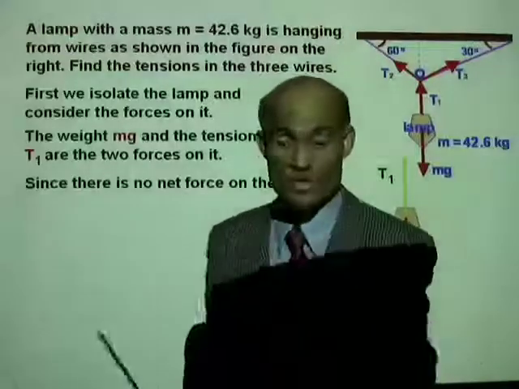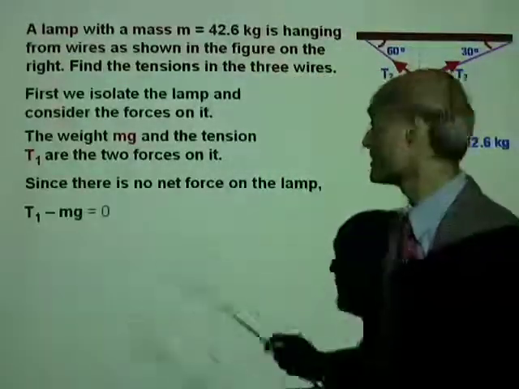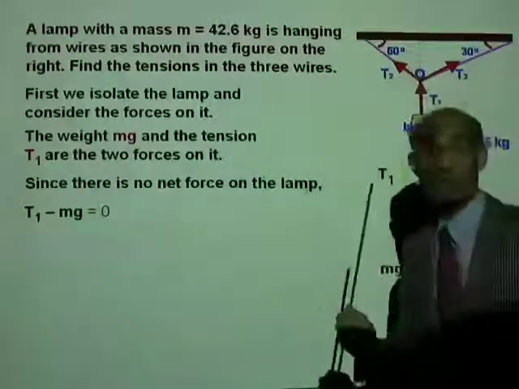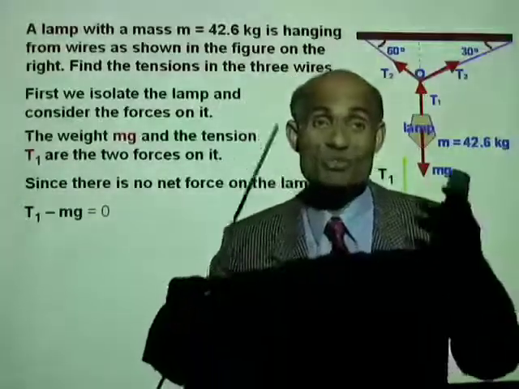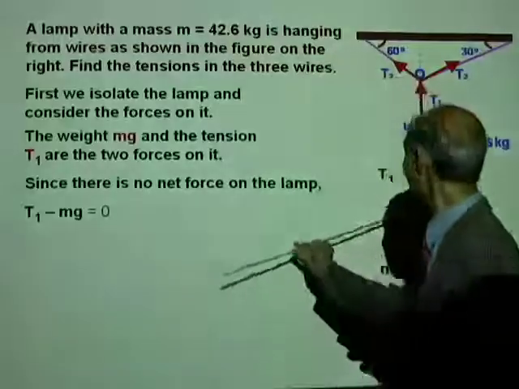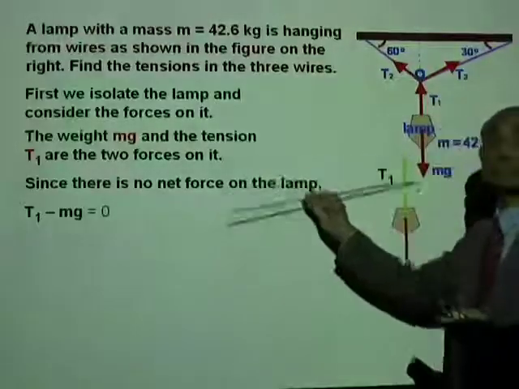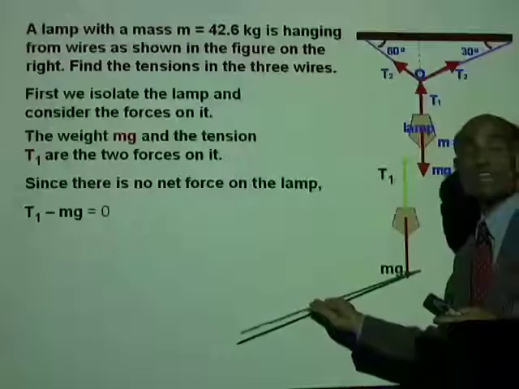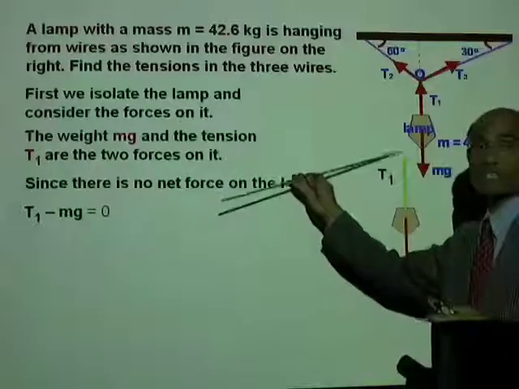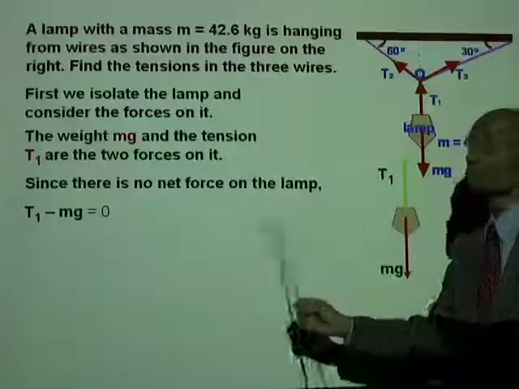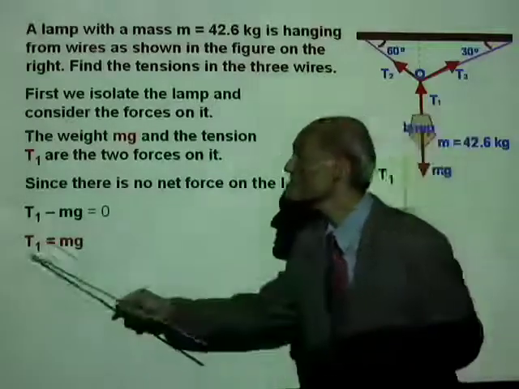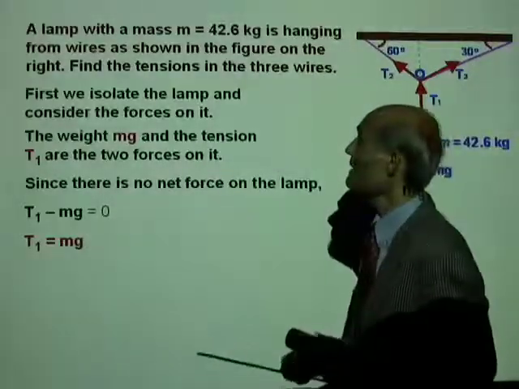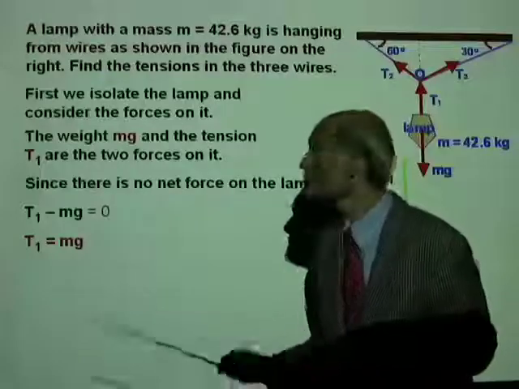That means you can now write an equation. Now, remember, when you write equations, they are vectors, so you need to use the proper sign. T1 is a positive vector. Mg is a negative vector, so that will be T1 minus Mg equal to 0. And that gives you T1 right away. T1 equal to Mg.